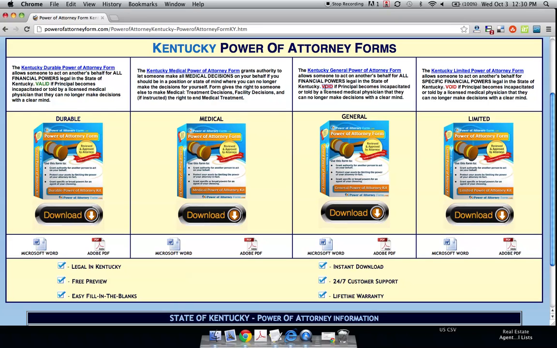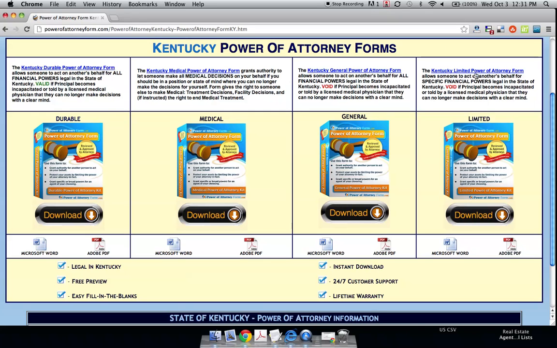So this form is really good if you have a business partner, or say you have an accountant that handles all your business fees and expenses, and they need to have access, but in the case you were to become incapacitated, you wouldn't want them to still have that power. Then the general form is really good for that and it meets that need. But if you are going to be in that baby boomer situation or headed overseas, you really want to get the durable form.